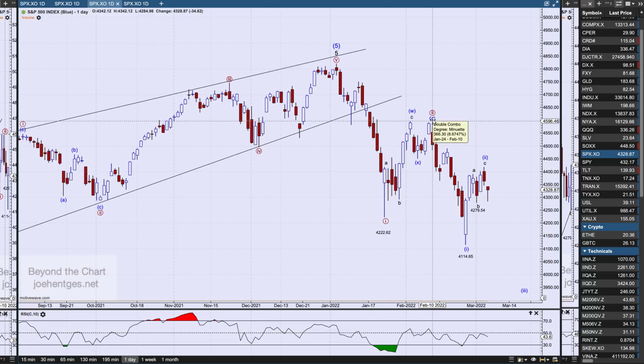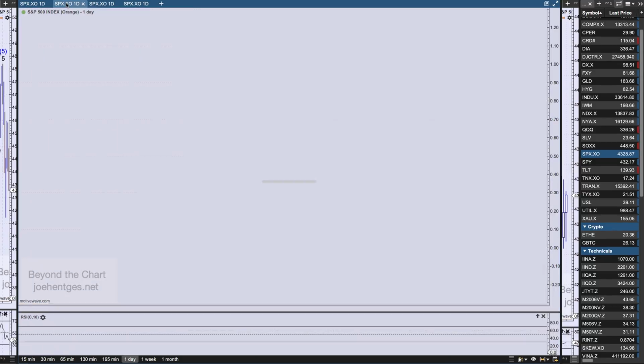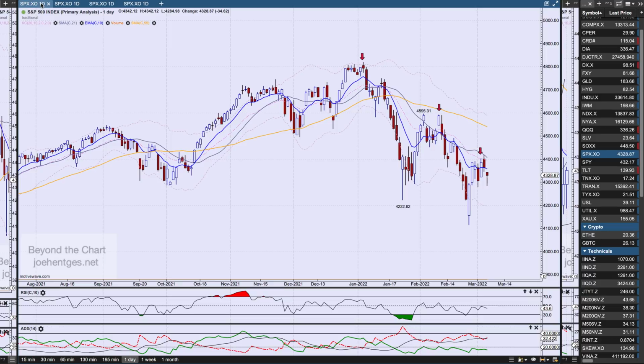I have it as a complex wave 2, and not that one, this one. And then right here, it's the highest close of the counter-trend move so far. I'm not anticipating this being taken out, but the next day we did get a little bit higher intraday, and then we've come down. So I am looking for continued follow through to the downside. We'll see if we get it. I thought that was really interesting in terms of seeing that on the indicators and how it was meshing up with where we are.